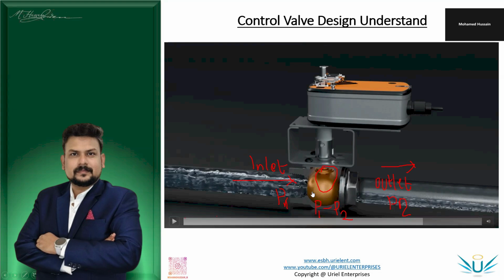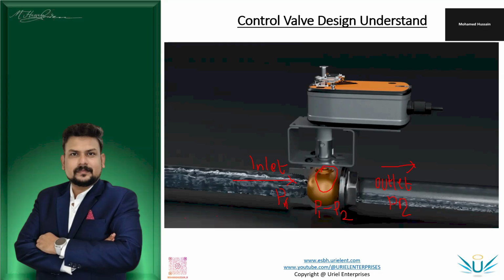Simply you can say in the formula, if they ask for the delta pressure, it means the pressure at the valve, the pressure that happens across that portion. Here X pressure will be there, here Y pressure will be there. This difference, how much is that? That is known as the effective pressure at the valve or differential pressure at the valve.